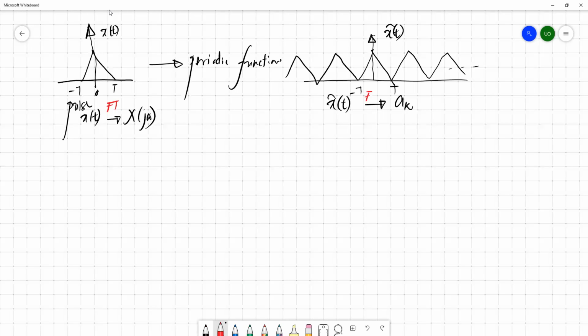And if you know this function, you can apply Fourier series and get the values of the Fourier series coefficients. So if you know this one, you can get the Fourier series coefficients for the function x tilde, which is generated or derived from this fundamental pulse. Okay, for example, we'll take one more example.